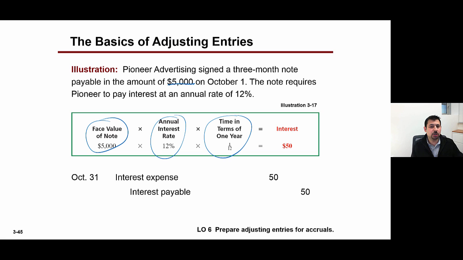They pay it all at once at the end of the period. So after 3 months, the company has to pay the face value plus interest. As a result, interest will not be paid now, and this is why we credit a liability account, interest payable.